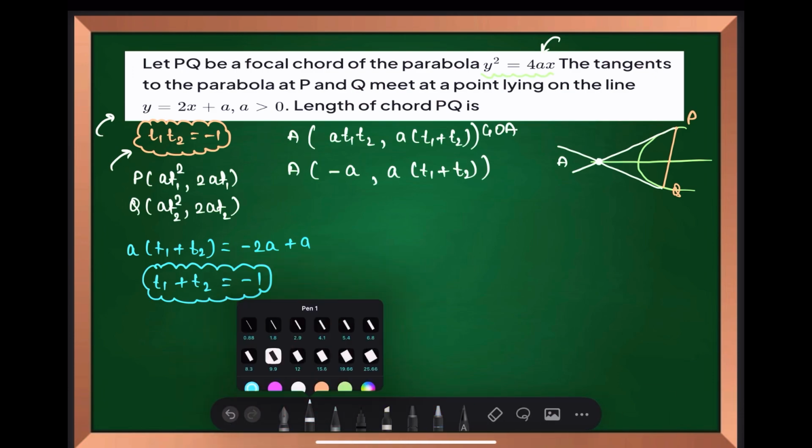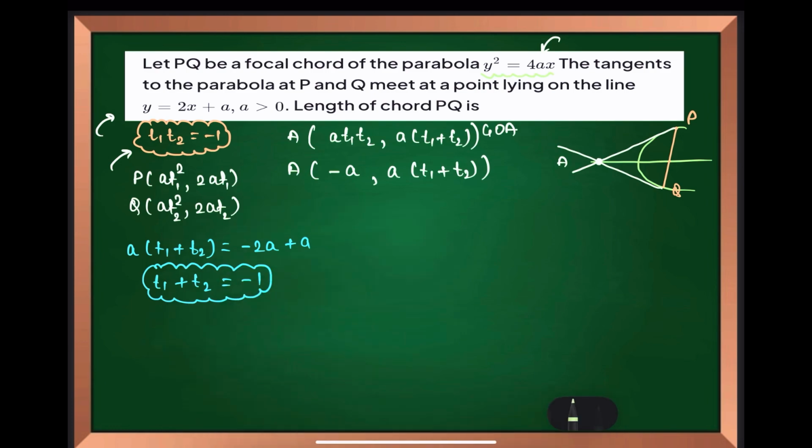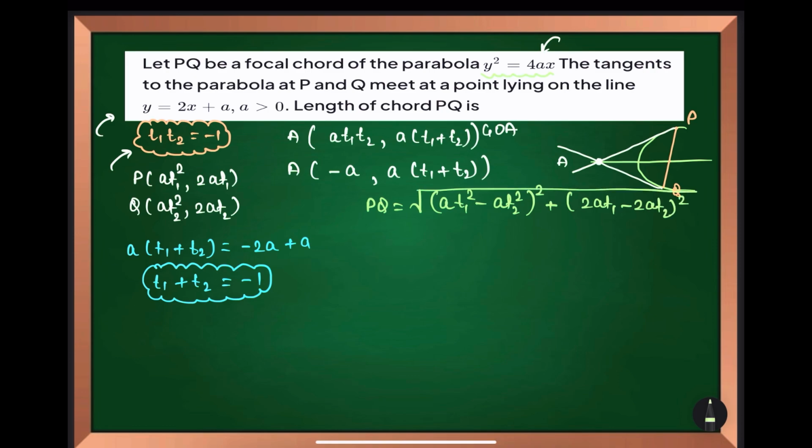Now we have to find the focal distance. So can I go with PQ? The distance is the square root of x2 minus x1 whole squared plus y2 minus y1 whole squared. So it is a t1 squared minus a t2 squared, whole squared, plus 2a t1 minus 2a t2, whole squared. Now look at this, be super slow.